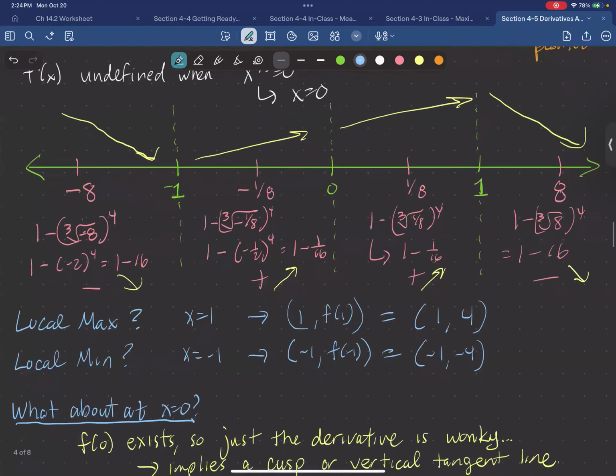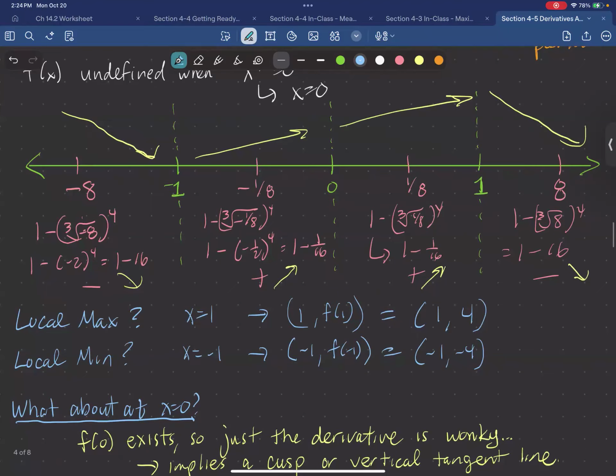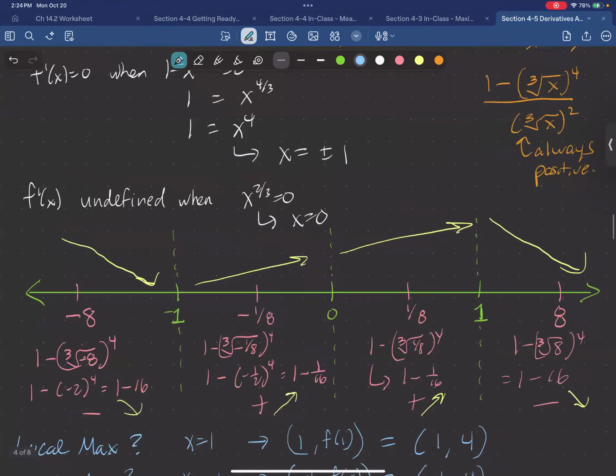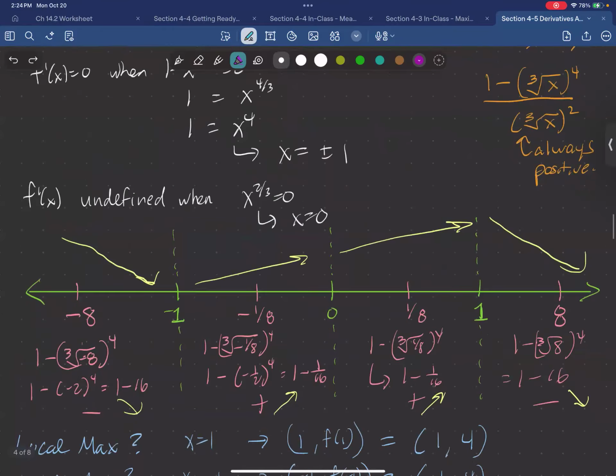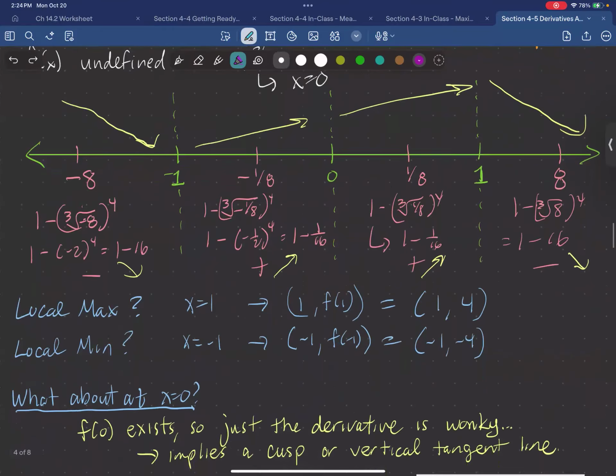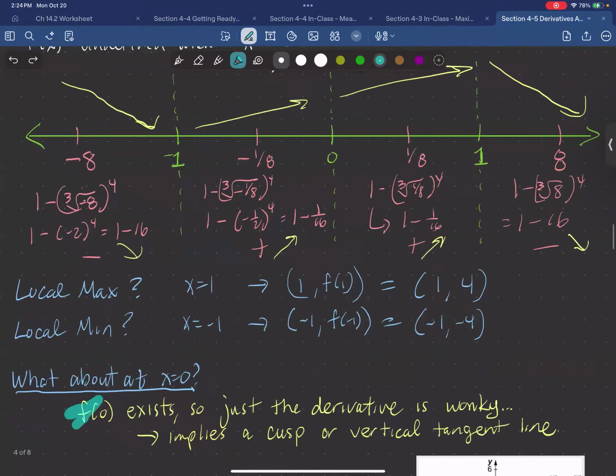And what about at x equals 0? Well, remember, if we look at f of x right here, I can plug in 0, right? 0 to the 1/3 power is the cube root of 0. So f of 0 exists, which means it's just the derivative that's kind of wonky.